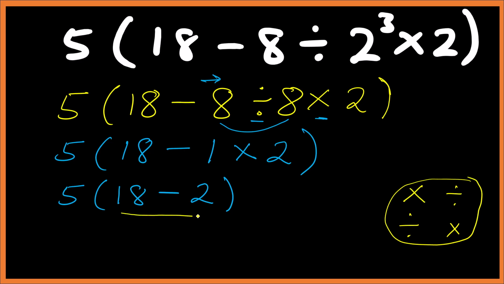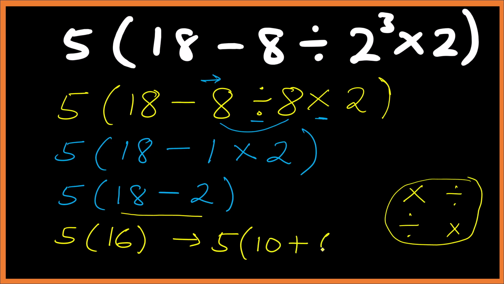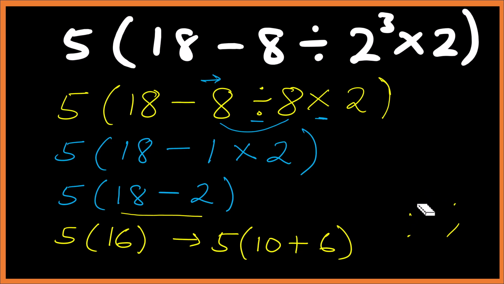So we can now subtract. We still have parentheses, so we have 5 times 18 minus 2, which is 16. So we can now write this as 5 times 10 plus 6, because 10 plus 6 is the same as 16.